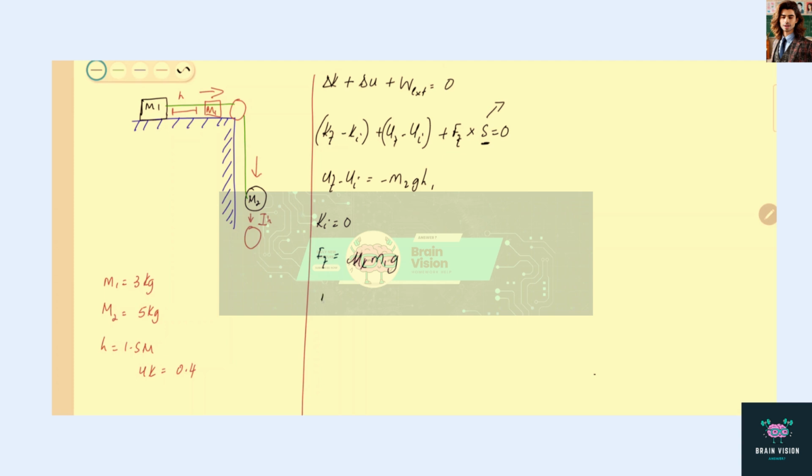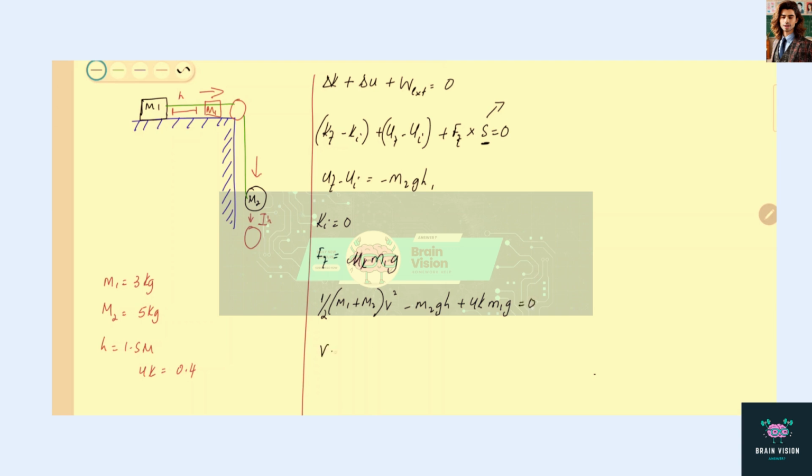So we are trying to say half of m1 plus m2 multiplied by v squared, minus m2gh, plus the constant multiplied by m1g h should give you 0.